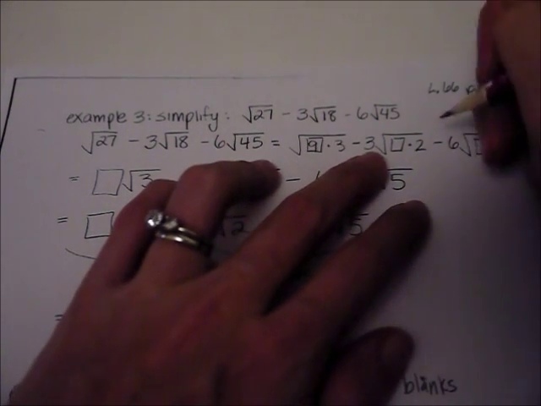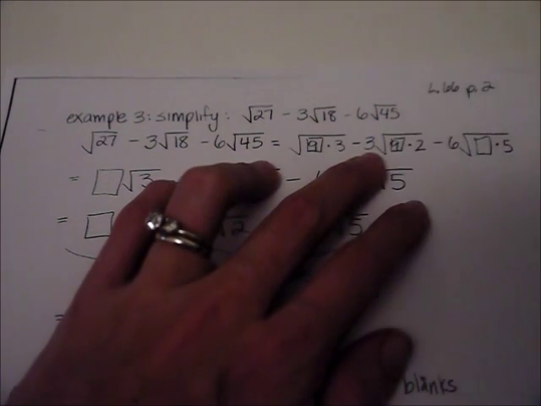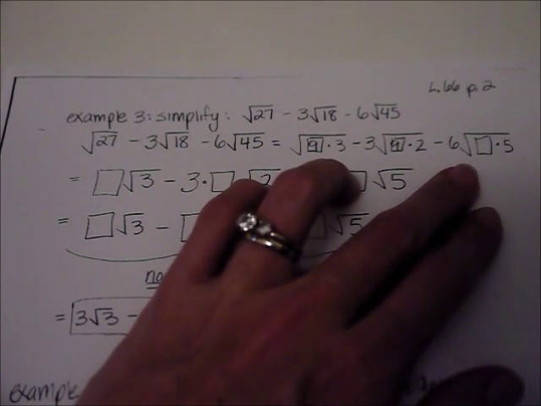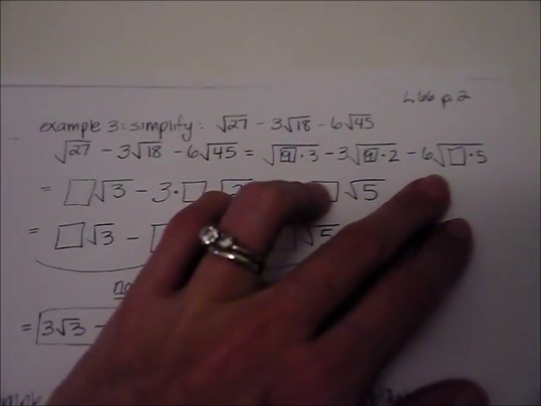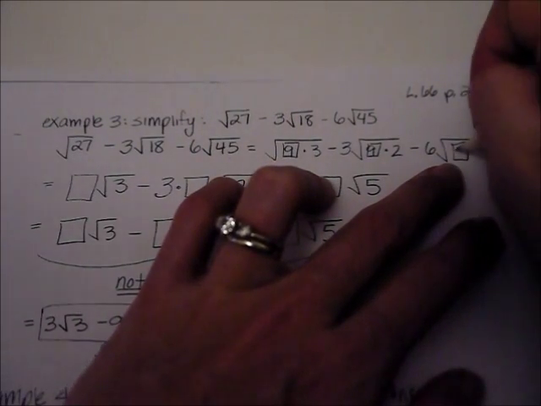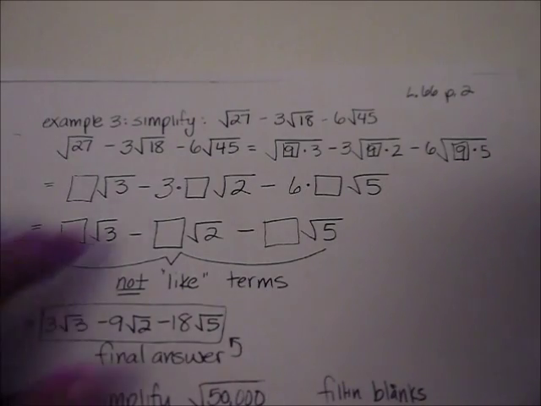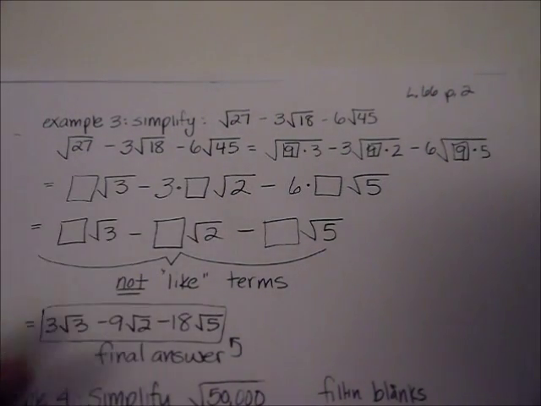And then the square root of 18 is 9 times 2. Can you see my little 9? And the square root of 45 can be broken down, since 9 as a perfect square goes into 45. So there we go. We've got everybody broken down into parts.